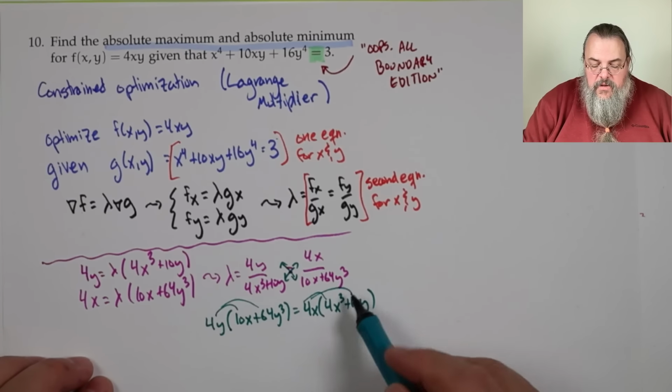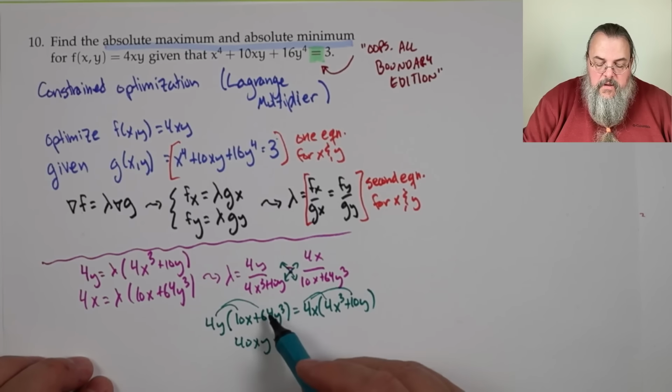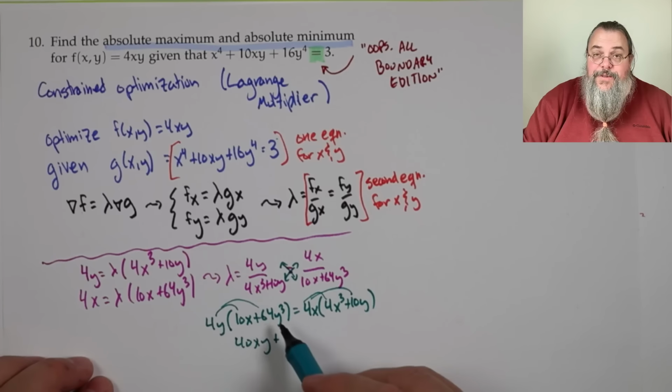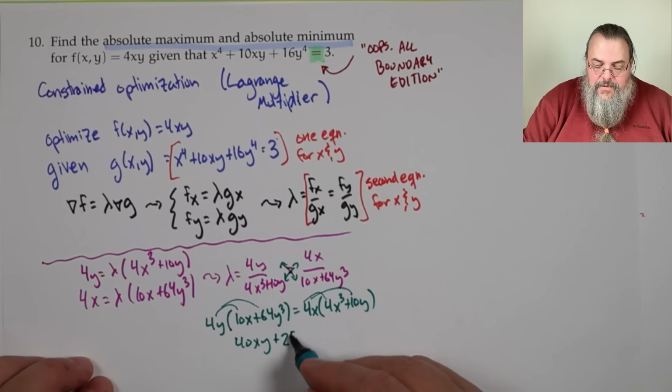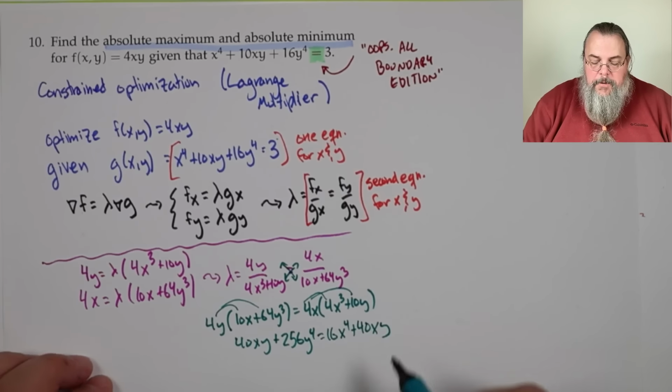Distribute. 40xy plus, oh, these are getting big numbers, 4 times 64, 256y to the fourth. And then here, 4 times 4, that's 16, x to the fourth plus 40xy.